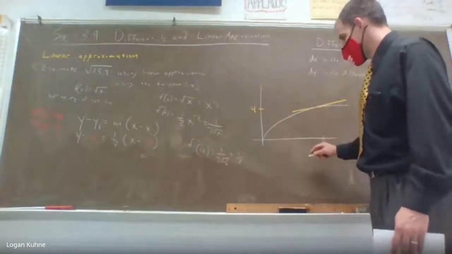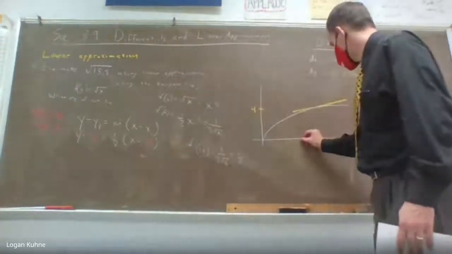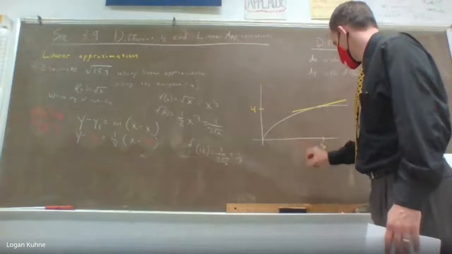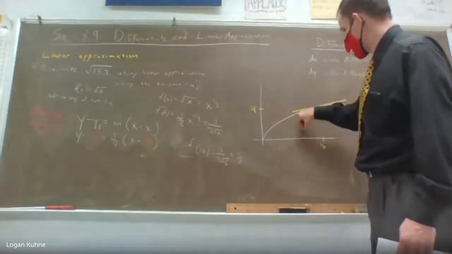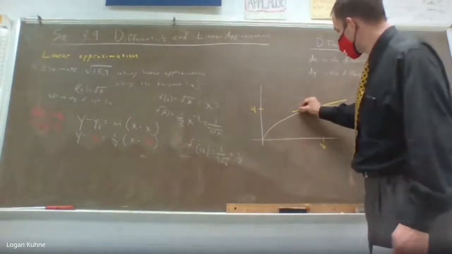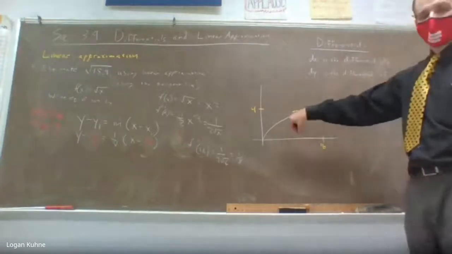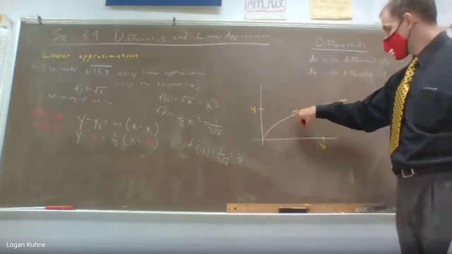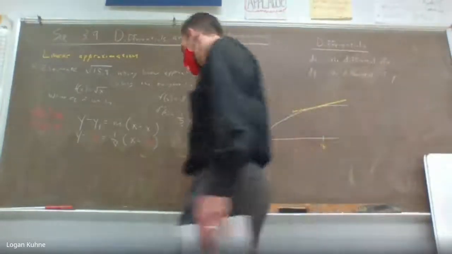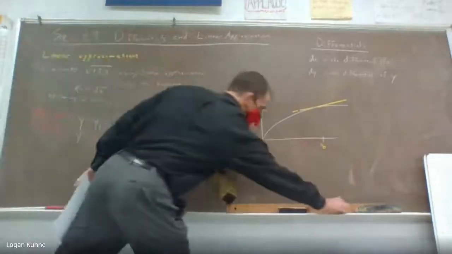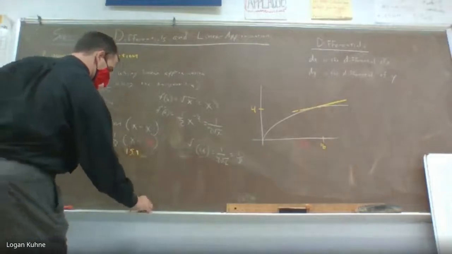But because these are so close, again, not to scale, I'm going to say 15.9 is right here. I'm looking for this number technically, but because the tangent line is so close right there, I'm going to use the tangent line to give me the number. I don't know what the square root of 15.9 is, but what I can do is come over here and plug 15.9 into this line.